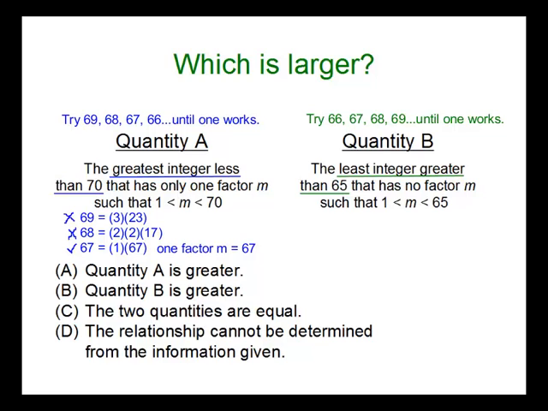Okay, so does it have only one factor between 1 and 70? No, it has 2. And same for 68. It has 2 and 17. It's when we get to 67 that we get a factoring that's a little more simple. 1 times 67 is the only way to do it. So 67 is that only factor between 1 and 70.